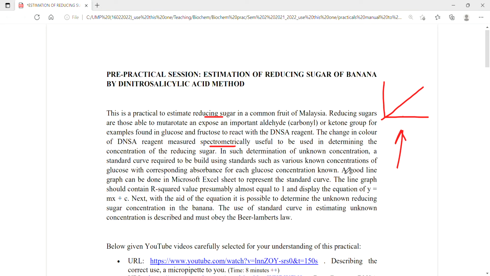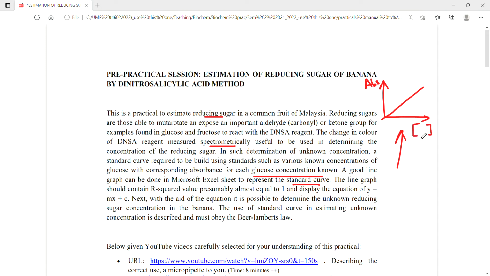To build this standard curve, we are going to use glucose. Glucose will be used at various concentrations to determine their respective absorbance when reacted with DNS, just like the unknown in the banana.